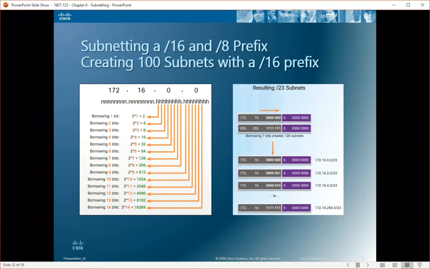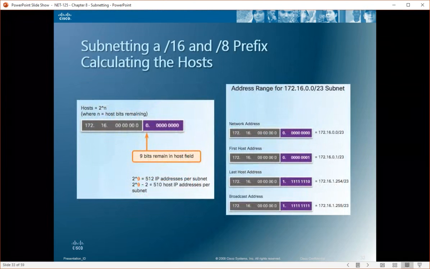So 2 to the 9th would be, let me see, 512, I believe, so 510 individual hosts inside. Yep, still got the math in my head. So you can see here 2 to the n for our host bits, 2 to the 9th, minus 2 for our broadcast and for our network ID. So there's our address range for each one.